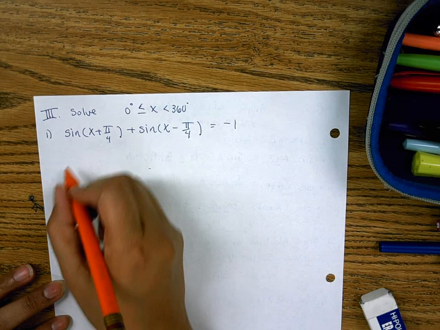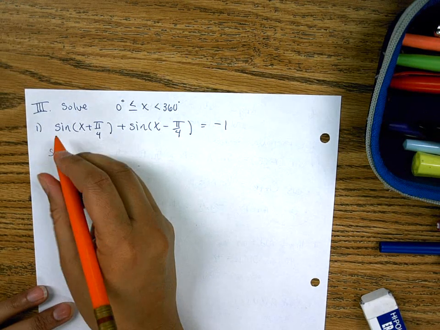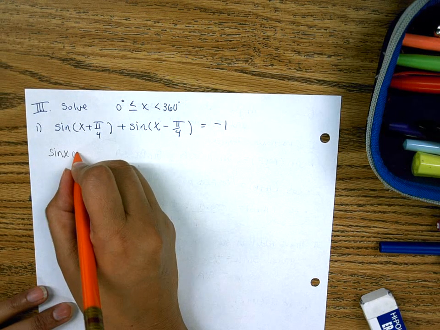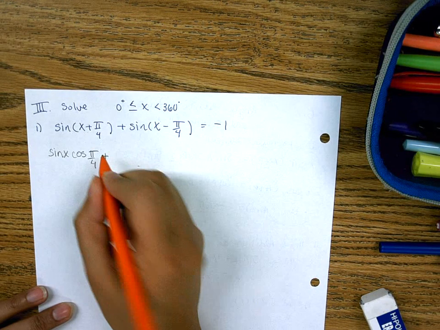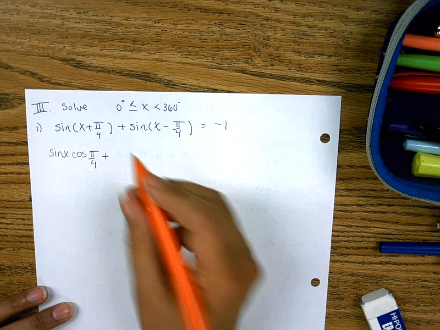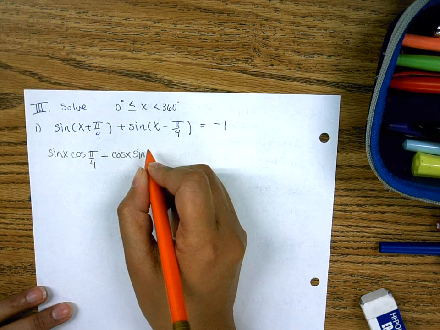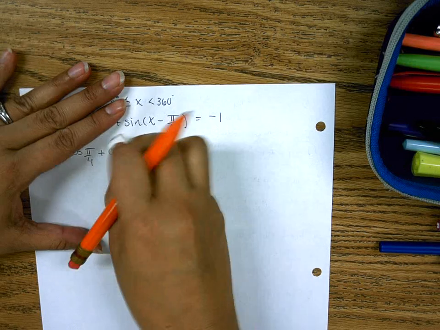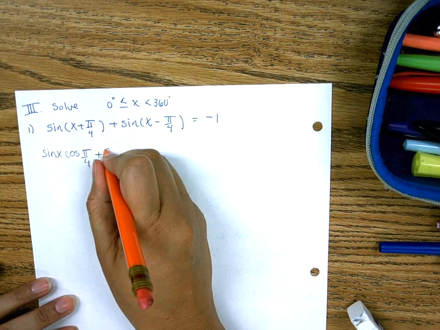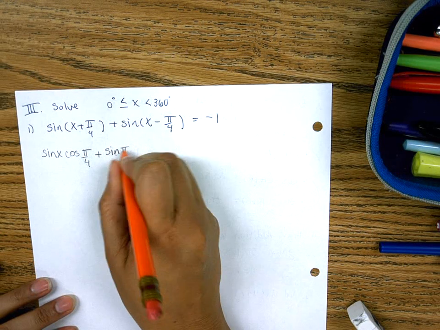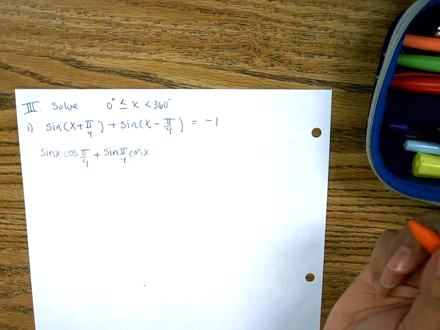This expands to sine is the friendly one. Sine of x cosine of pi over 4. Same sign plus cosine of x sine of pi over 4. The way I was writing it before, you can write it that way.